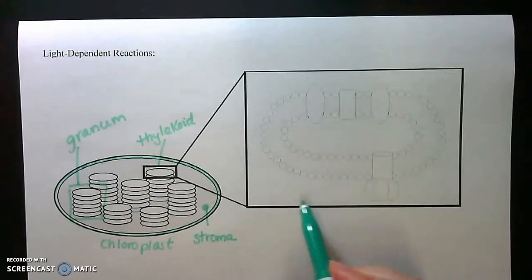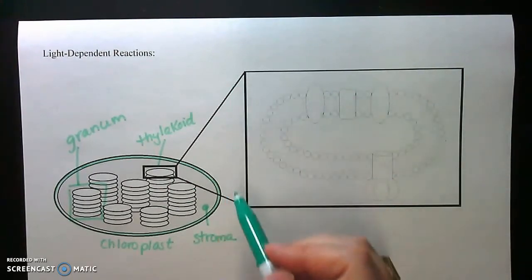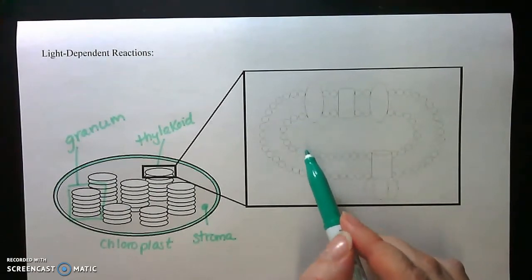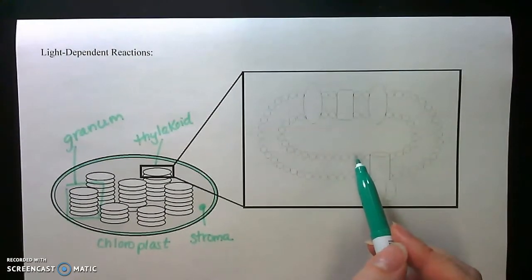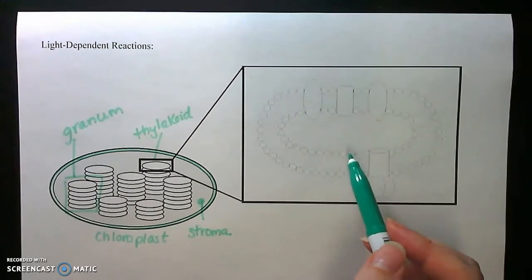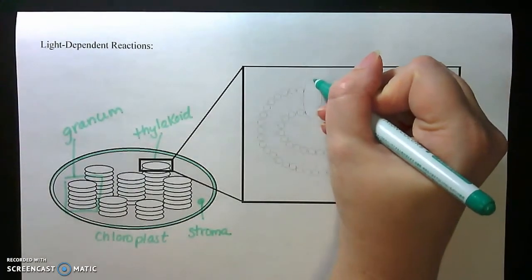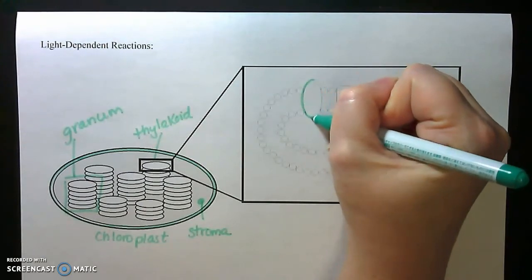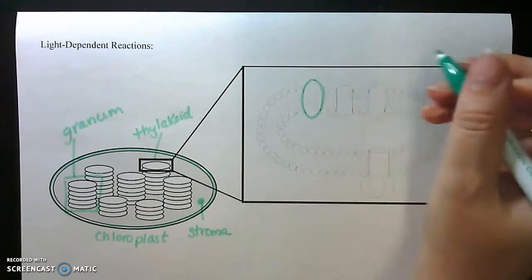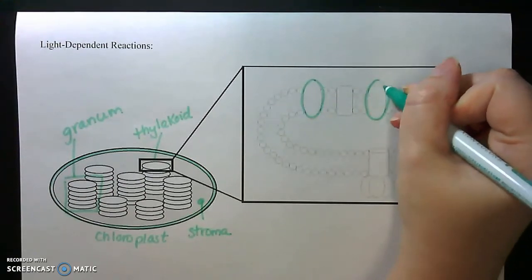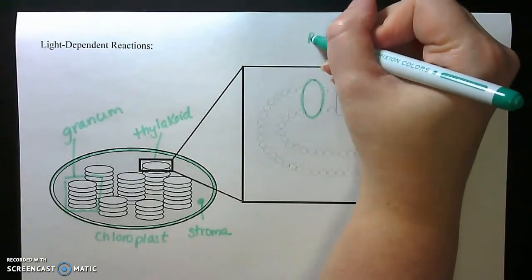see it over in this side view blown up a little bit so that we can see the membrane and we can see some of the proteins that are embedded in the membrane. So inside of this membrane, let's go ahead and identify those proteins. We have these proteins here, which look like ovals in our diagram. These are called the photosystems.